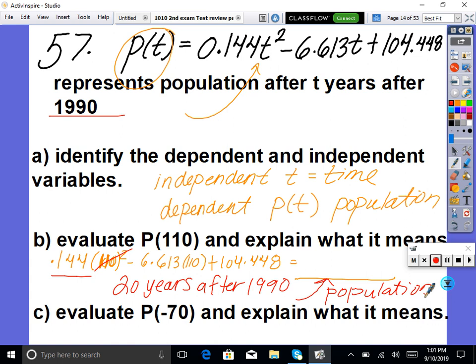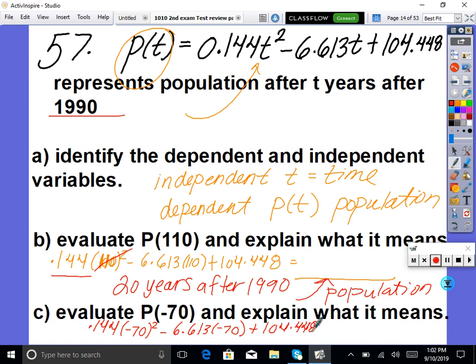Now it says evaluate P of negative 70 and explain what it means. So once again, you would just plug in negative 70. So you would do 0.144 times negative 70 squared minus 6.613 times negative 70, and then plus 104.448.